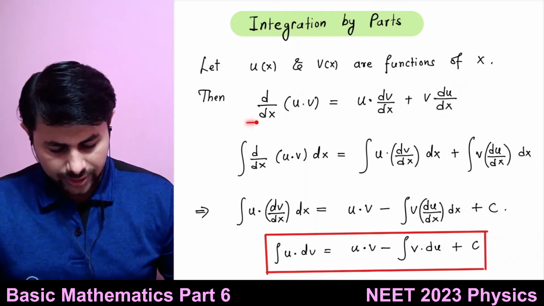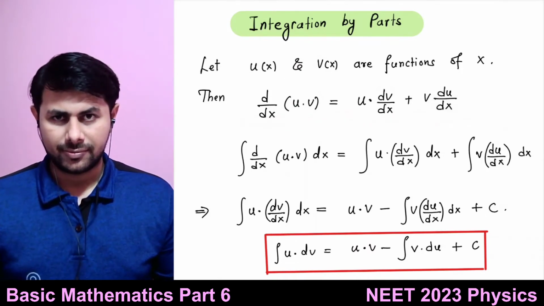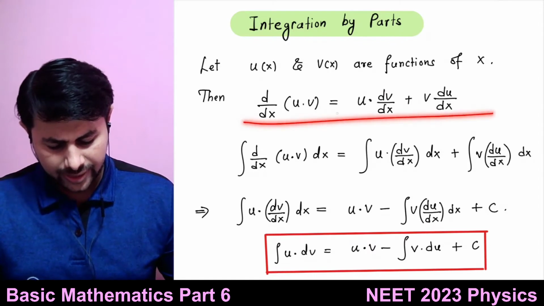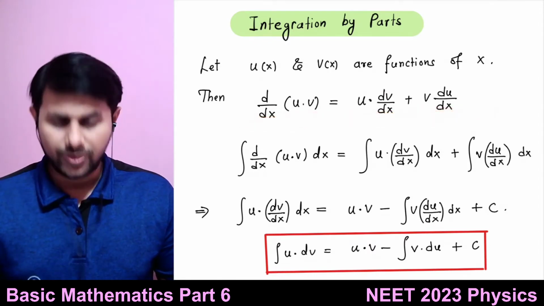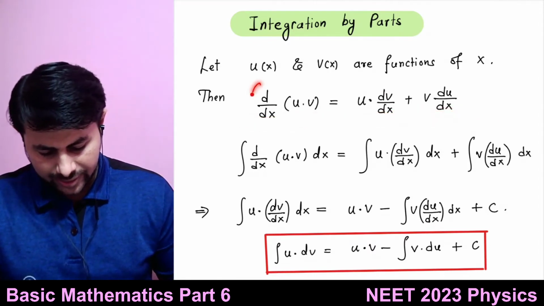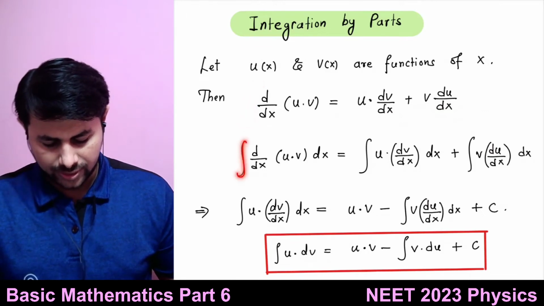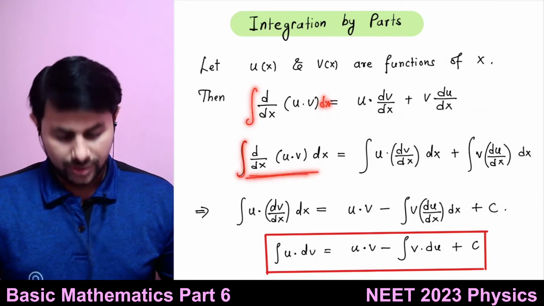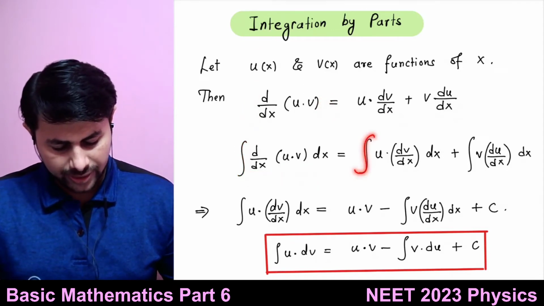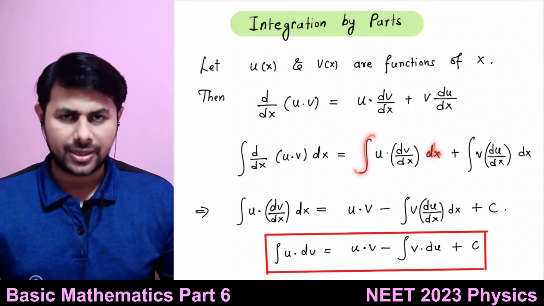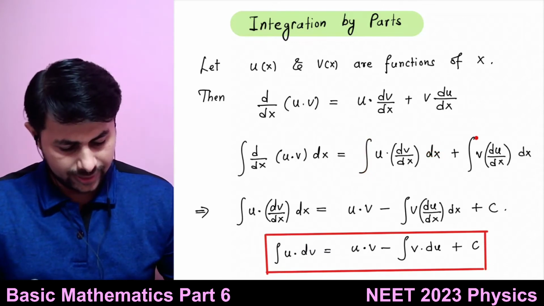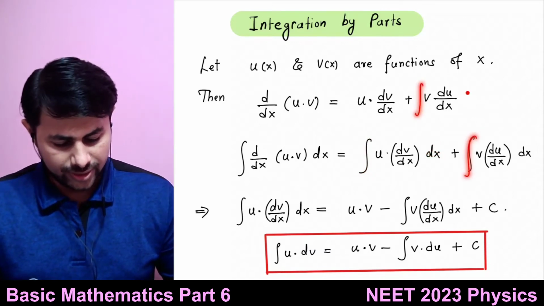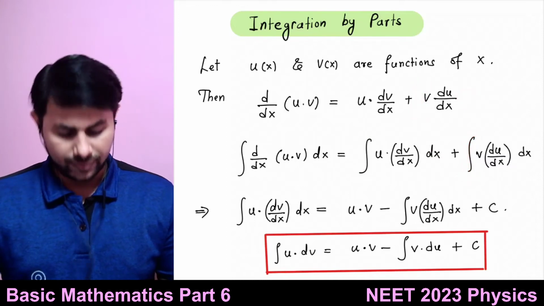Then what I will do is integrate this equation. What do I get if I integrate this thing? I will put an integration sign and dx everywhere, so I am taking integration with respect to x. That's the meaning.